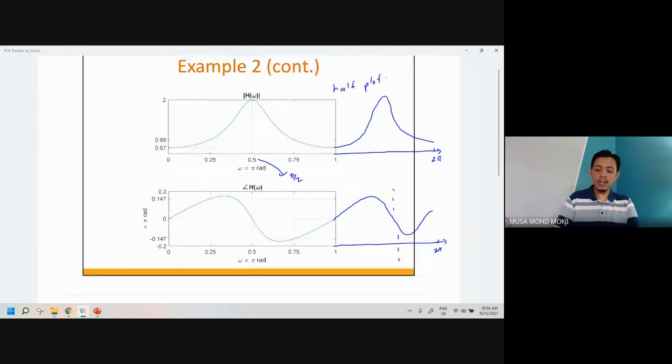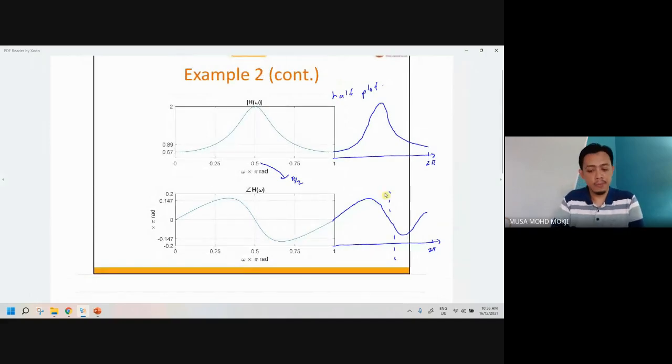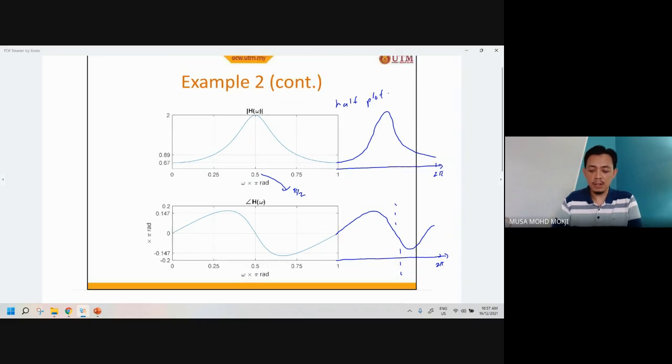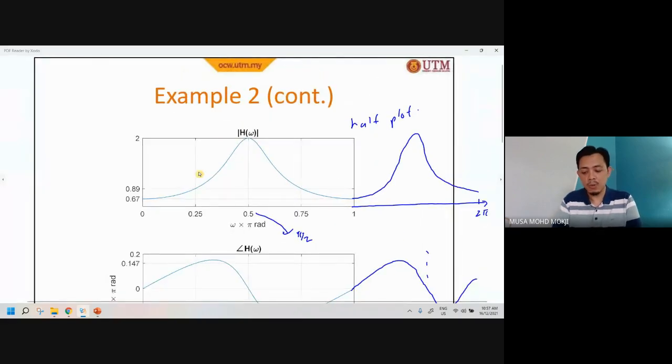But for analysis, it is actually enough to do a half plot, so that we will know what this filter will do. If we look at this shape, this is what we call a band pass filter. We have a very low magnitude at low frequency and at higher frequency, and a very high magnitude at 0.5 pi.